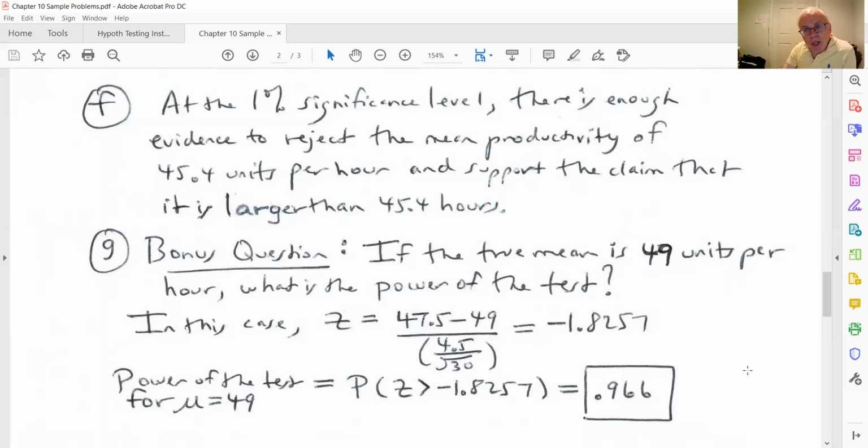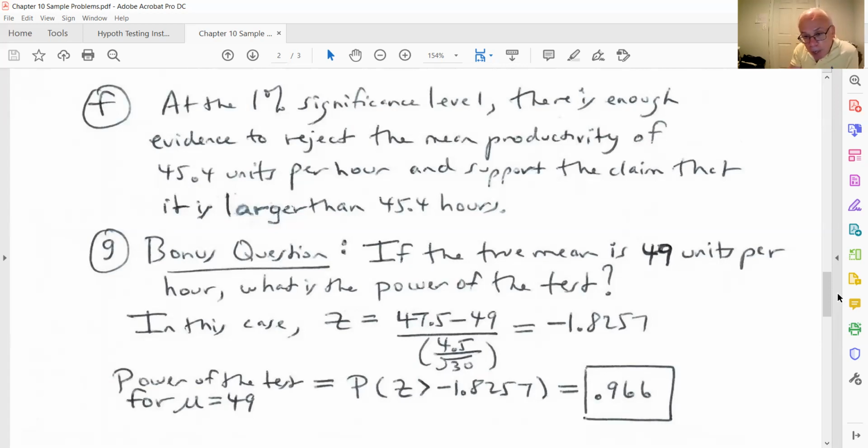Because the question I'm asking assumes that we're rejecting the null, that we're supporting the alternative hypothesis. We rejected the null. We're supporting the alternative. The power of the test is stating that we made the correct decision. That's all.